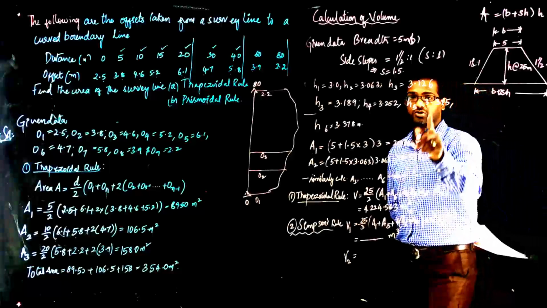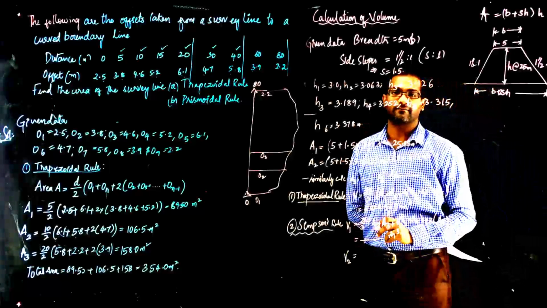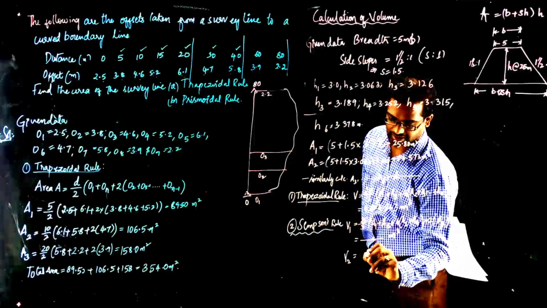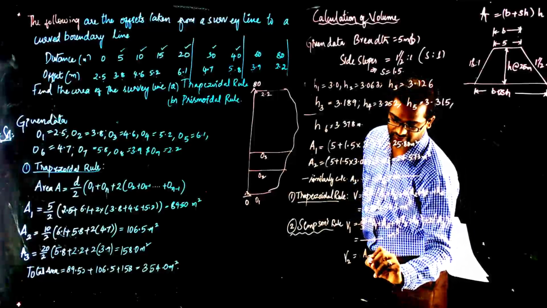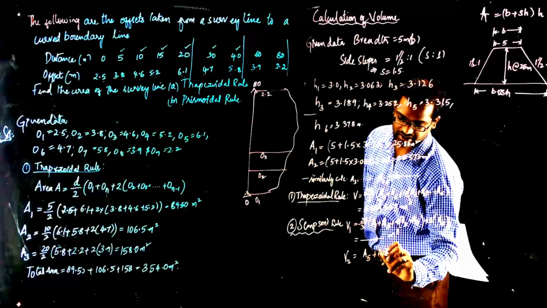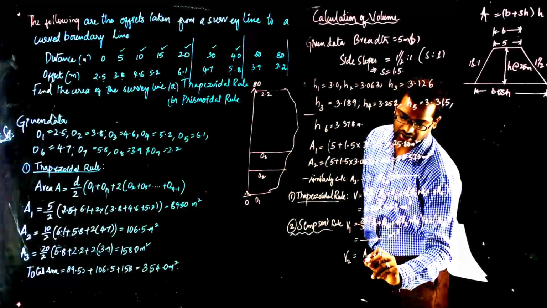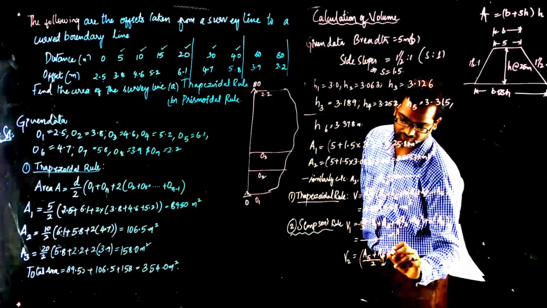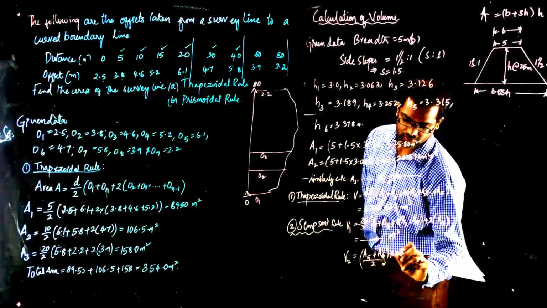Then for the last 2 ordinates, using mid ordinate you can do it. So A5 plus A6 by 2 multiplied by 25 you have to do. So what did I do?